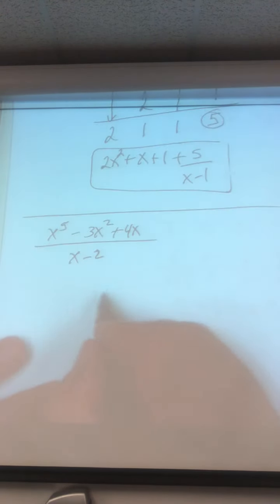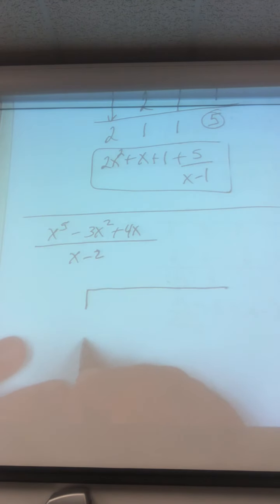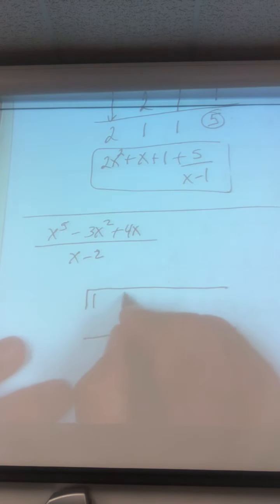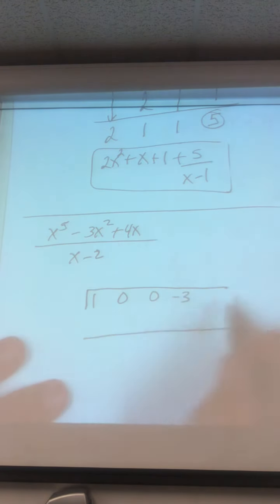So let's do our division bar. Underneath here, 1, because that's 1x5. There's no x4. There's no x3. There is a x2. There is a x1, but there's no constant.